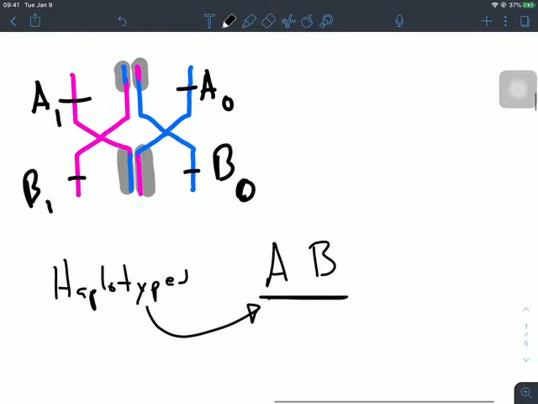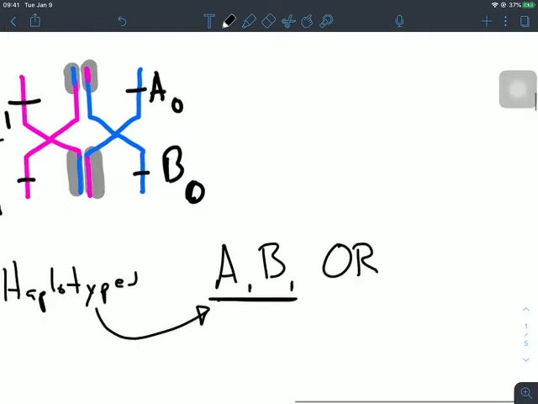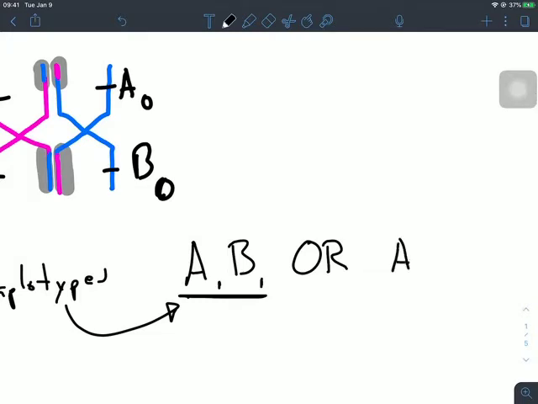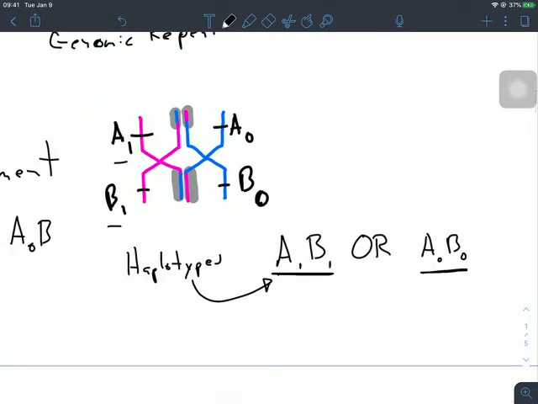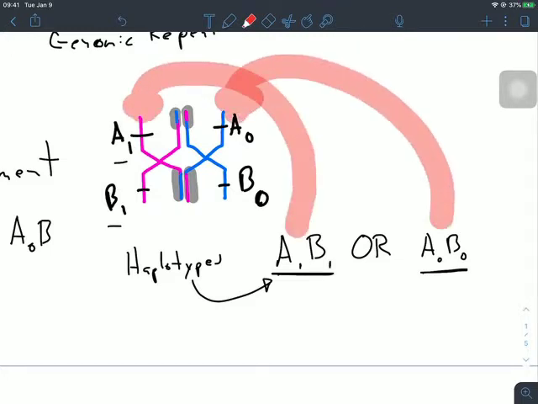And because we see A1 associated with B1, thanks to being mom, we know that the haplotype is A1B1. Our other haplotype is the association between A0 and B0. And in the absence of recombination, these 2 are your only possible gametes that you can make.